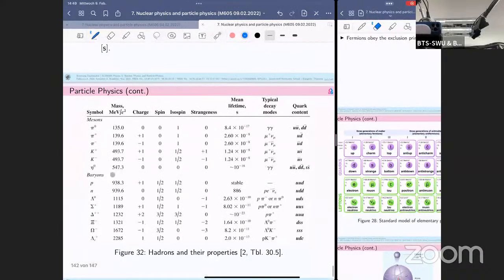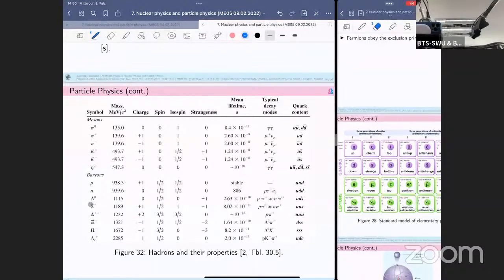The baryons are different from the meson because they are composed of at least 3 quarks. For example, the well-known proton has 2 up quarks and 1 down quark. Okay. The neutron has 1 up quark and 2 down quarks right here.